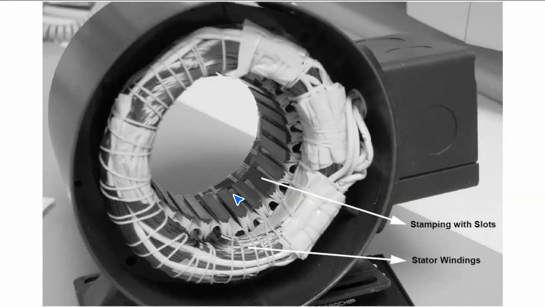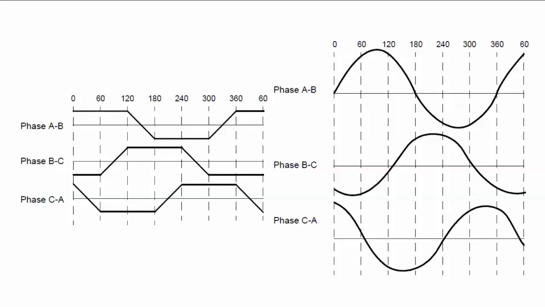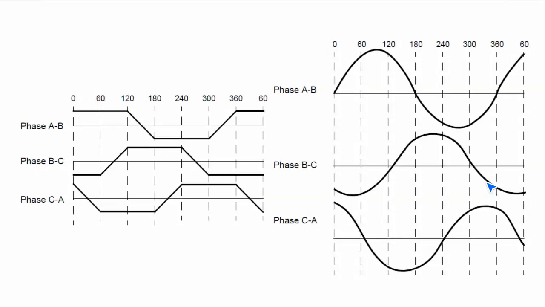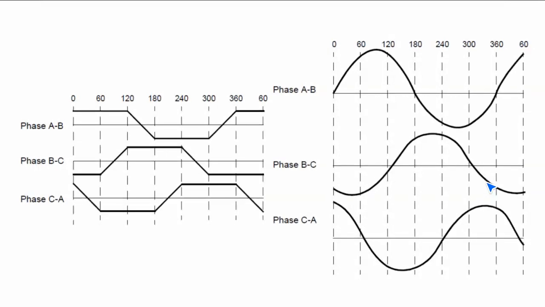Also, there are two types of stator winding variants. One of them is trapezoidal, one of them is sinusoidal. This differentiation is made on the basis of interconnection of coils. The connection type of your motor will give you the motor type, the back EMF type.